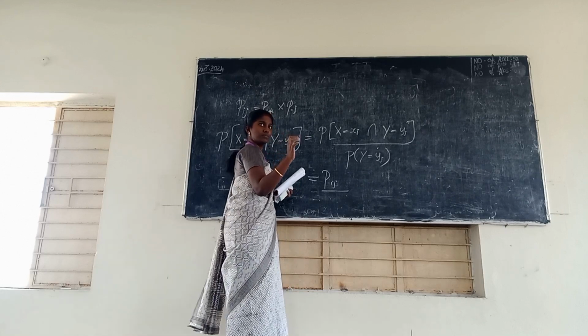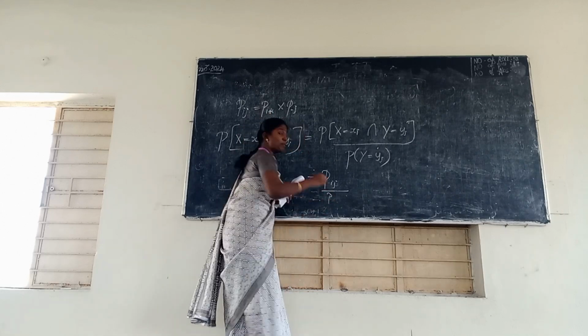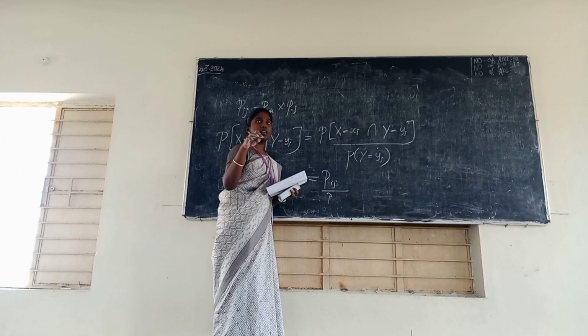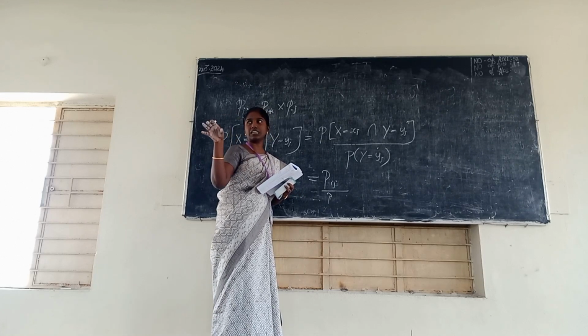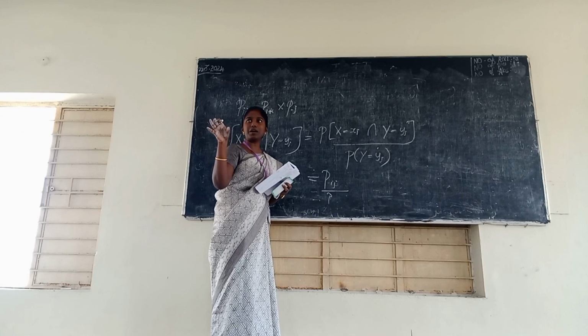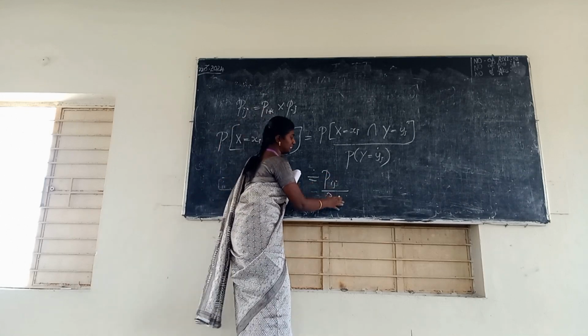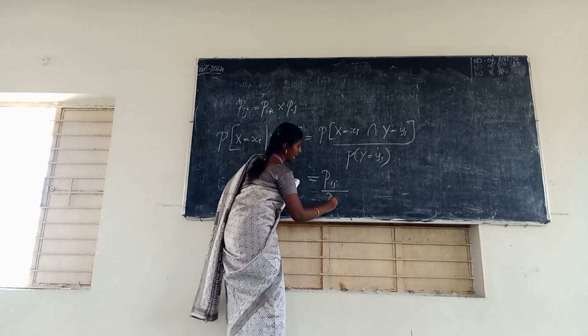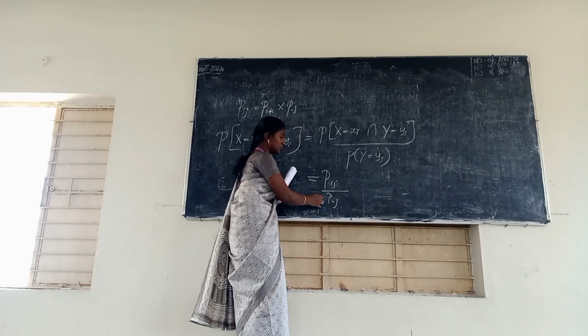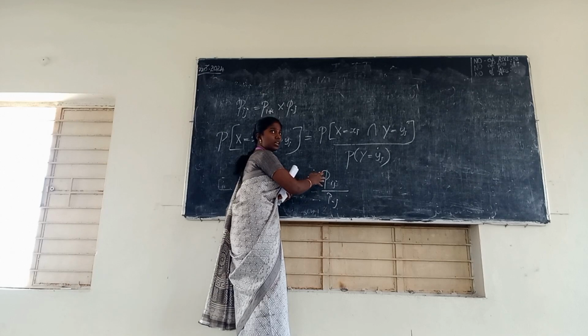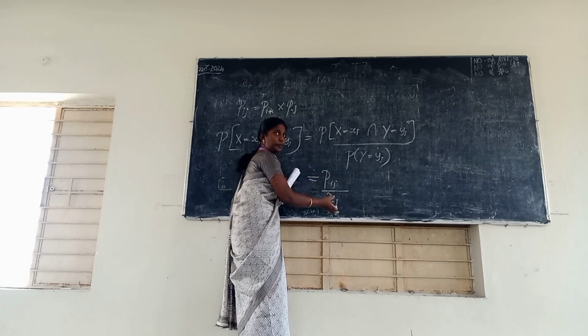And the marginal probability of x is P i star. Is it clear? These notations are just to differentiate between the joint probability and marginal probability.